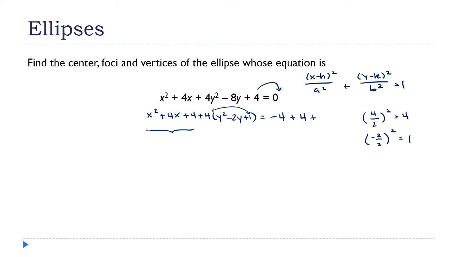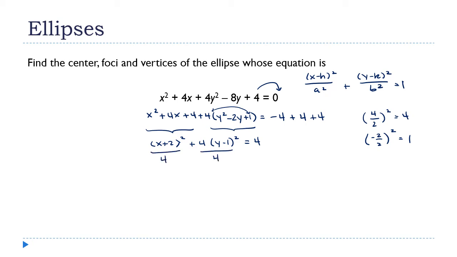So I'll add another 4 over here. And now I'm going to get some factoring. This is x plus 2 squared plus 4 times y minus 1 squared equals 4. All right, and we're almost there, but remember, I need this to equal 1, right? That 1 is a really important number. It has to equal that for me to pull out the A and the B. So let's just divide both sides.